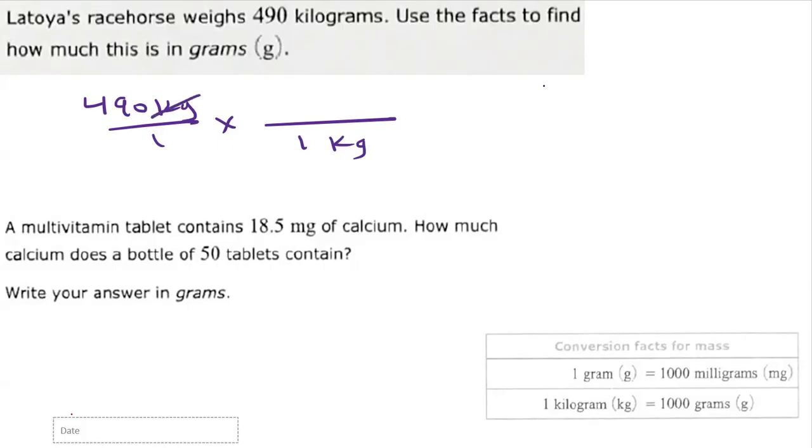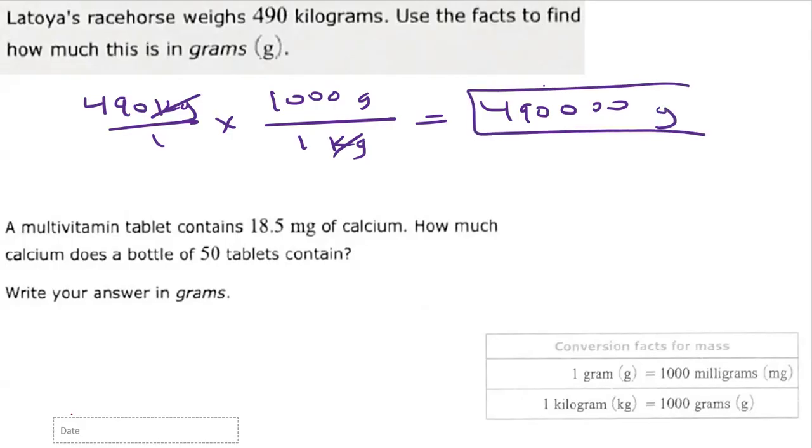So this cancels with this one, and then we put the 1,000 grams on the top. Then we just multiply. 490 times 1,000 gives us 490,000, divided by 1, because 1 times 1 is 1. So the answer is 490,000 grams.